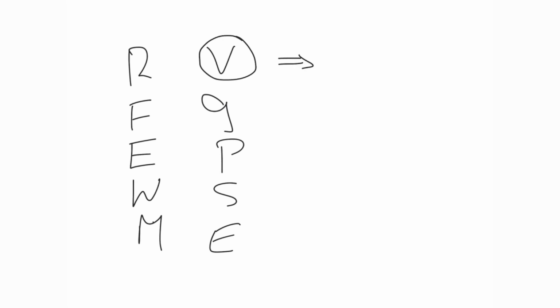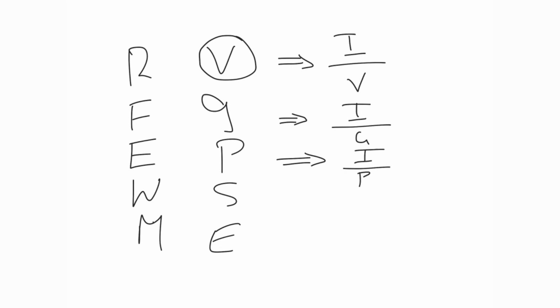Froude number is a ratio of inertia force to gravity force. Euler number is a ratio of inertia force to pressure force, Weber number is a ratio of inertia force to surface tension force, and Mach number is a ratio of inertia force to elastic force.